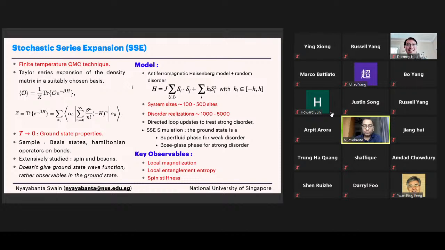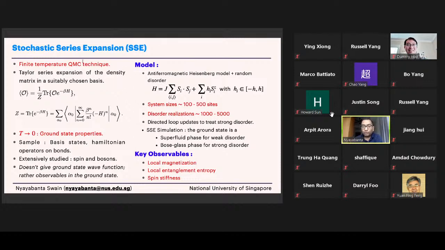For those who have not heard about the stochastic series expansion, it's a finite temperature quantum Monte Carlo technique. However, we can find the details of ground state properties very efficiently. One of the main reasons to use it is that there have been debates about the previous studies which claim to show the existence of 2D MBL, since those were done on very small system sizes.